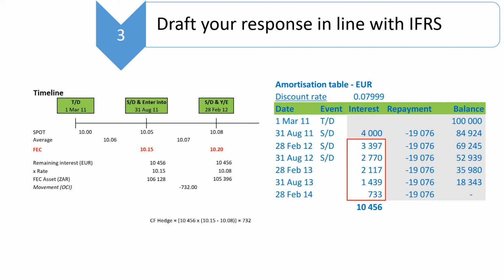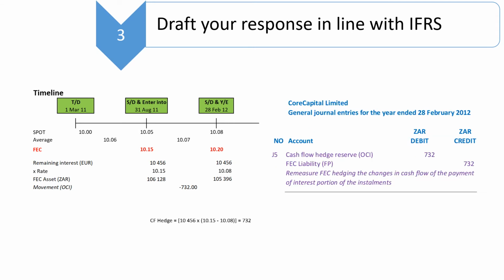Your FEC asset is actually getting smaller, which means that you will credit FEC asset, and your contra entry would be to debit the cash flow hedge reserve. You will then jot a suitable narration.